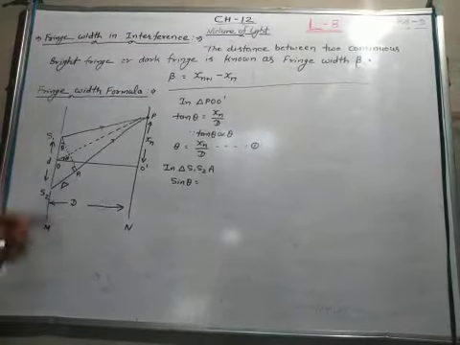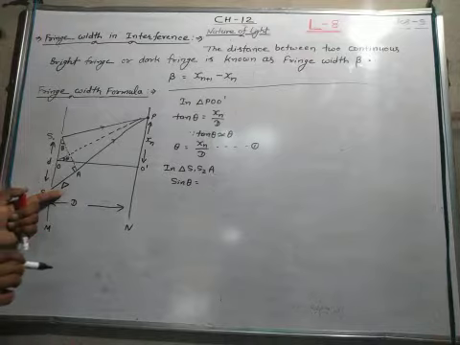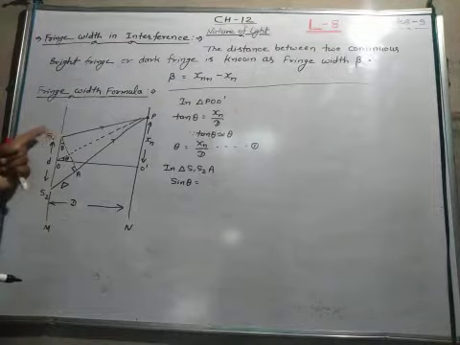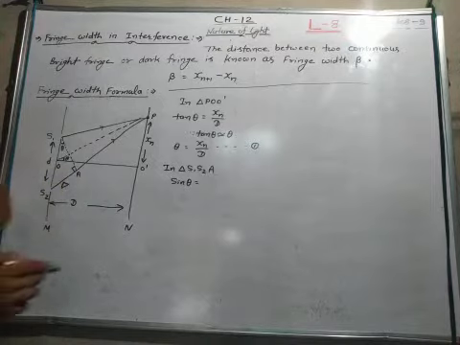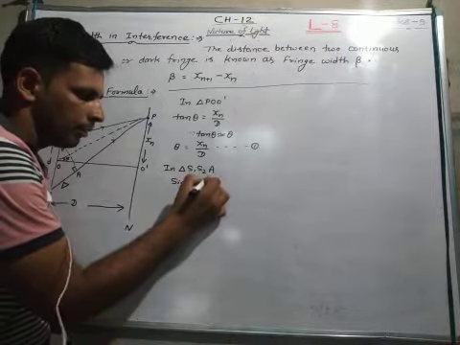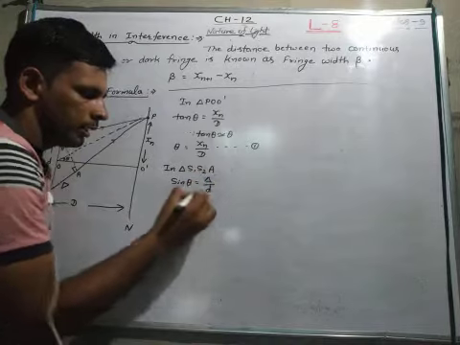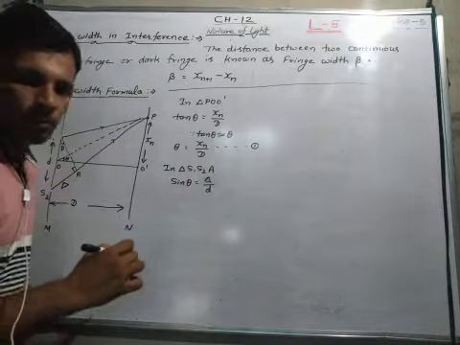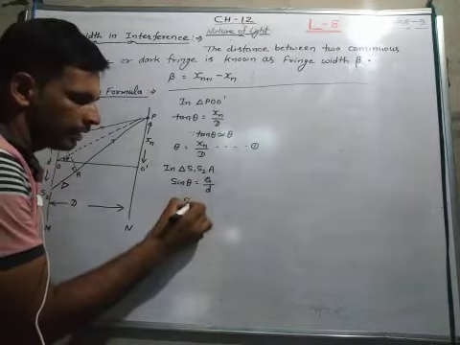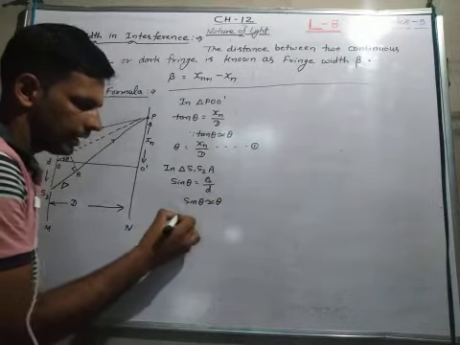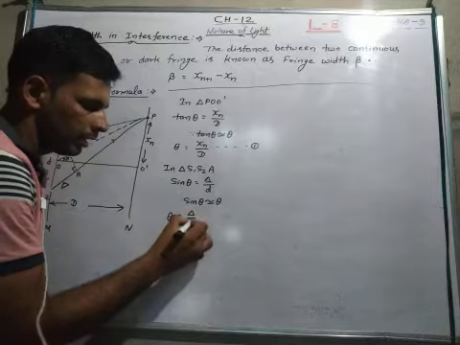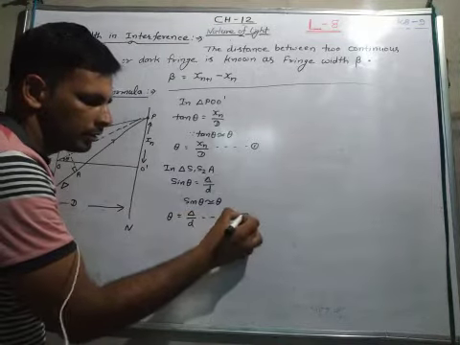So sin theta is equal to delta upon small d. For a small angle, sin theta is also equal to theta. Then theta is equal to delta upon d. This is equation number second.